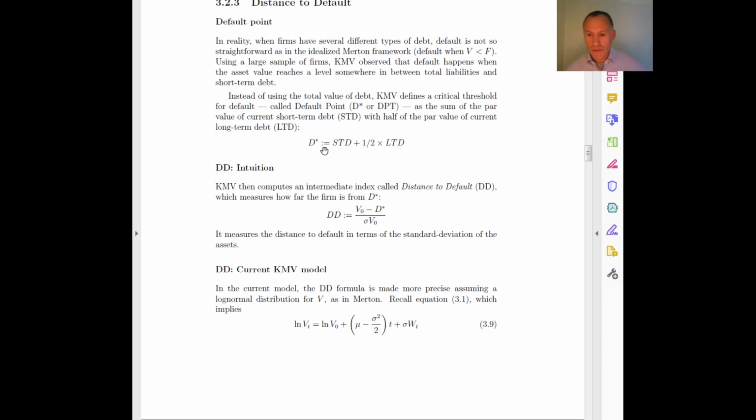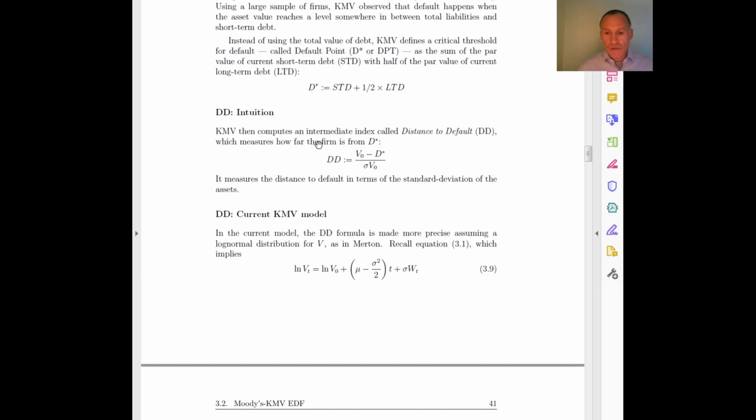Okay, so given this critical point, they define a distance to default, which is, as the name suggests, the distance between the current value of the assets and that default point. So the larger this distance, the safer the firm is. And as this distance becomes smaller and smaller, it means that the value of the assets is becoming close to this critical default point.